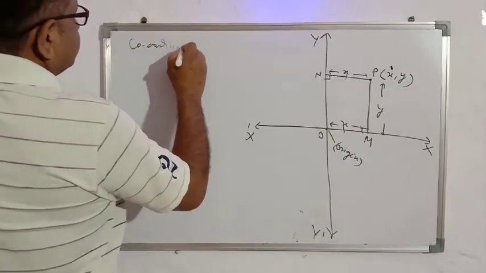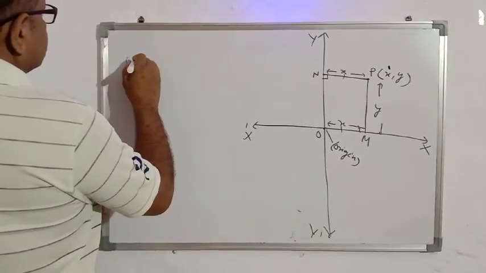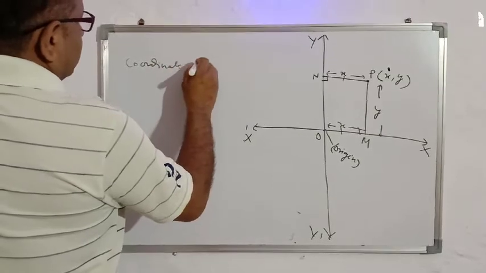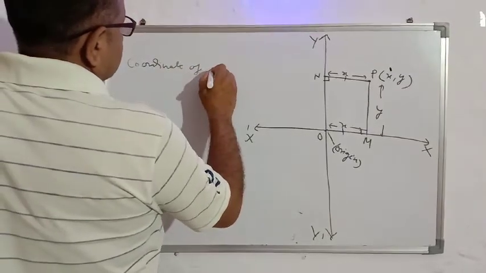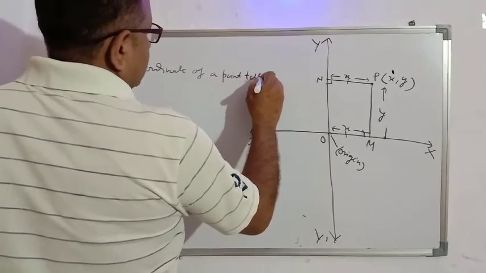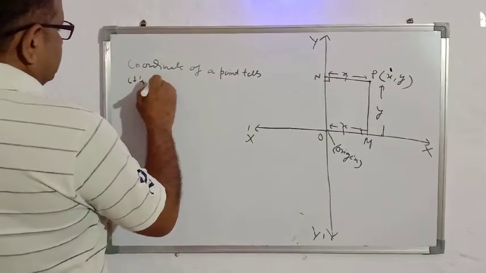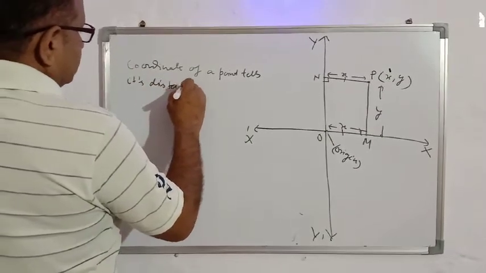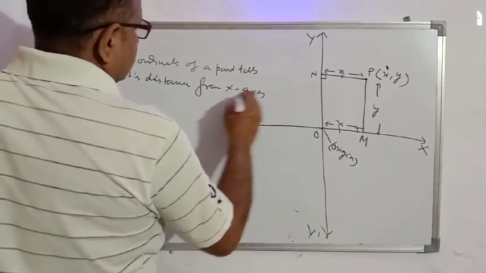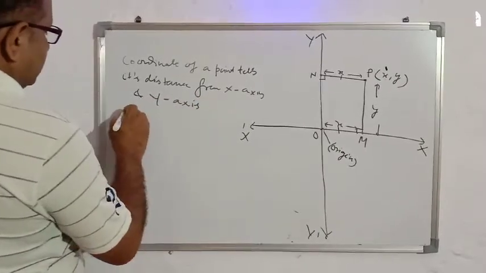Coordinate of a point tells its distance from x-axis and y-axis.